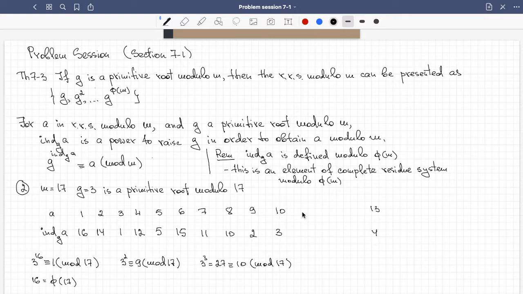11, 7. 12, 13. I'll put this entry in place. 13, 4, 14, 9, 15, 6, and 16, 8.